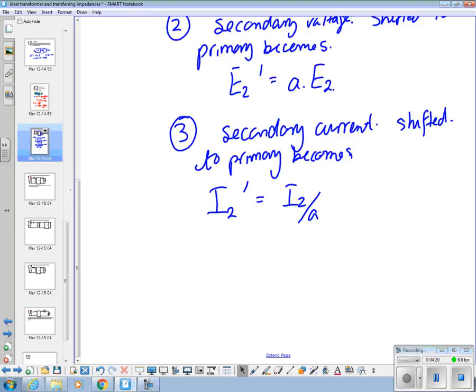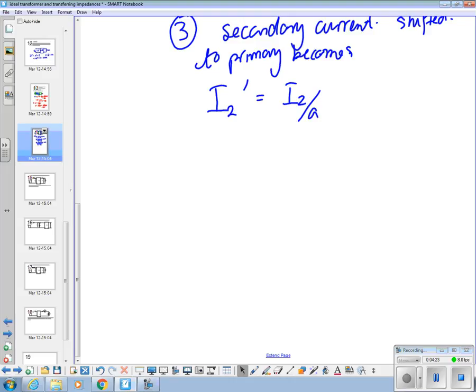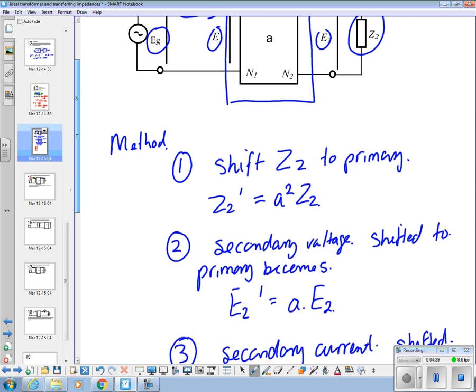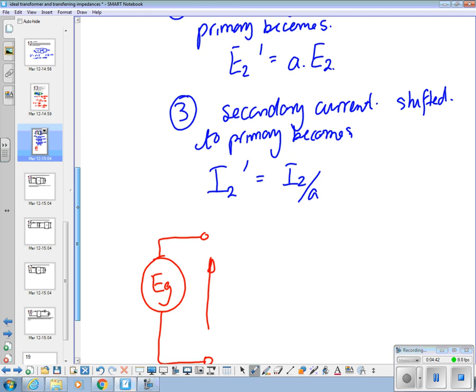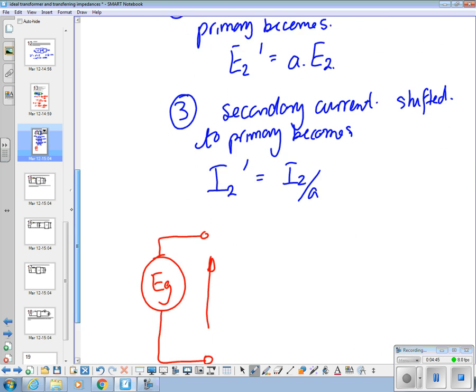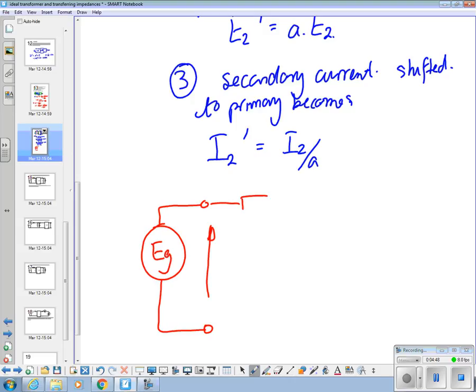So what we've done is our circuit in full now becomes this. There's our EG, there's our primary terminals, EG across them. Then we've got Z1 with I1 travelling through it.